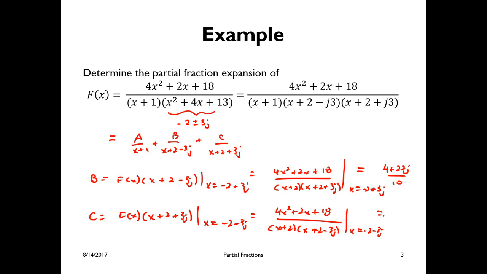And again, after a bit of complex arithmetic, this simplifies to 4 minus 22j over 10. So you can clearly see that b and c are complex conjugates. This is expected because b and c are the corresponding coefficients to the complex conjugate roots. So we really only need to calculate one of them and know that the other one we can get immediately as the conjugate.